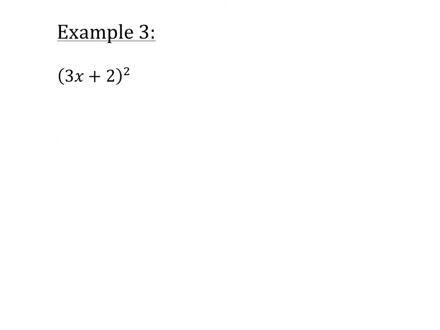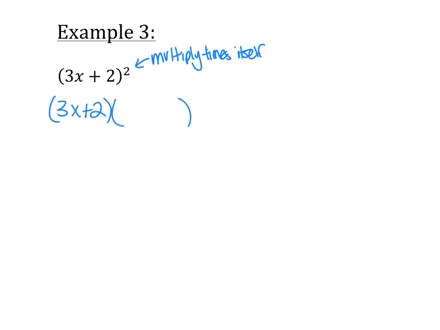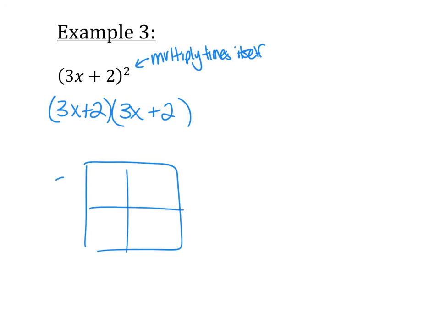Example 3. 3x plus 2 squared. Squaring something means that we multiply it times itself. So to help me do this, I'm going to write out what I'm multiplying times itself twice. It's important to do this so you don't miss any terms in the middle. Now we need to double distribute. So once again, we have 3x and 2 and 3x and 2.